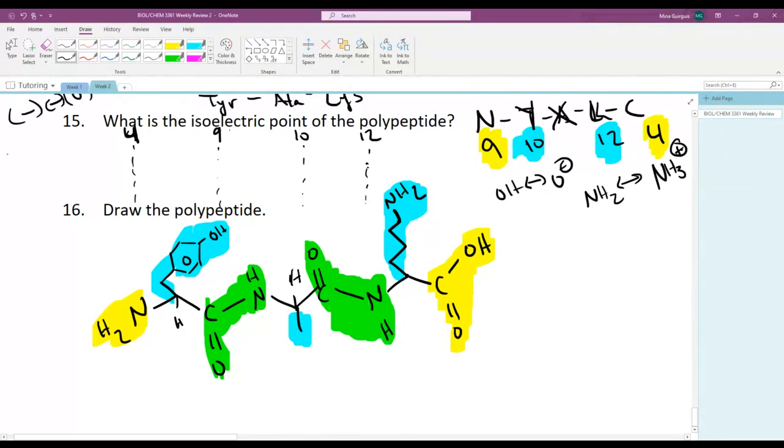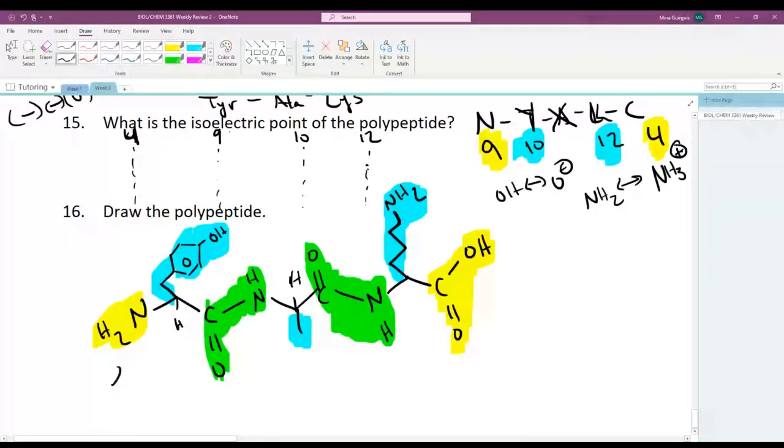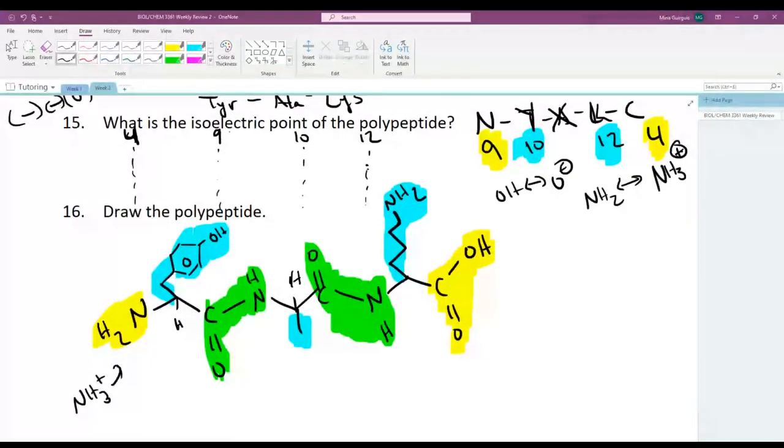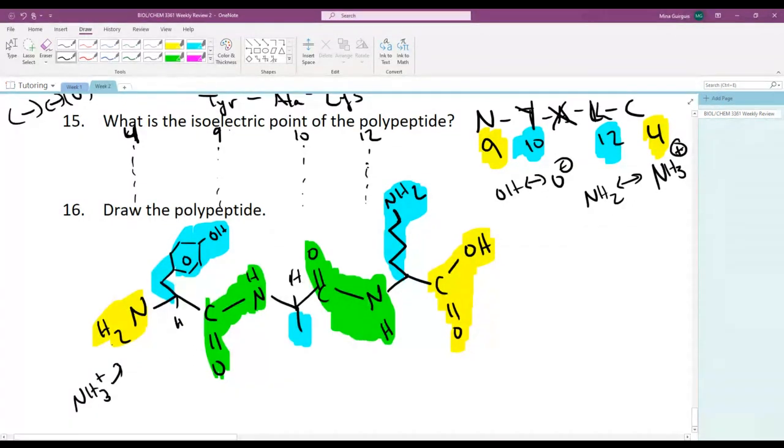Nitrogen, when it gets protonated in our N-terminus, is going to turn into NH3+. When pH is less than pKa, it's protonated, right? Yes, exactly right. So our N-terminus is going to have a positive charge.